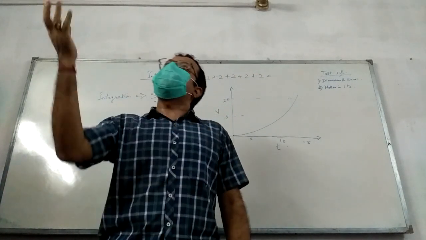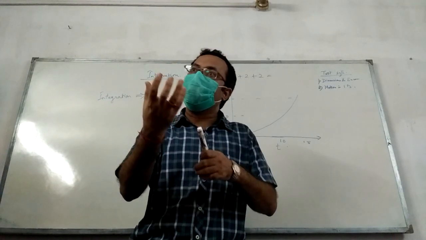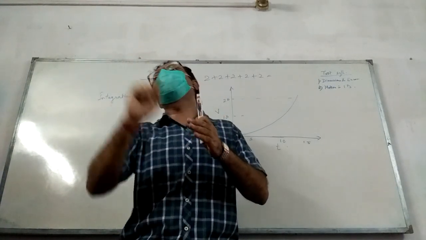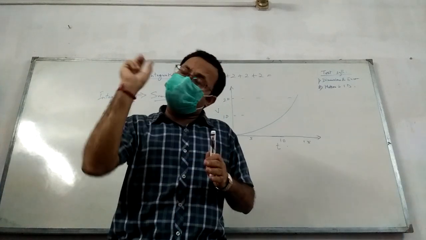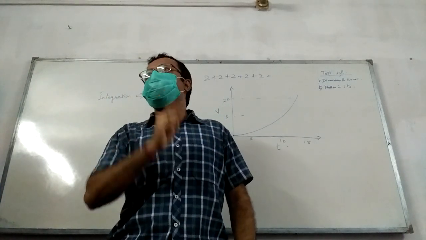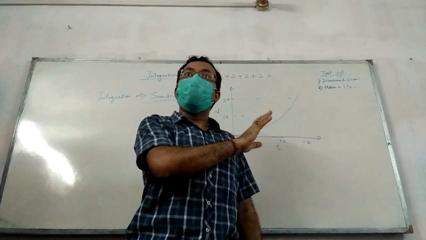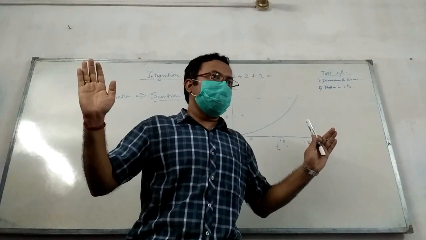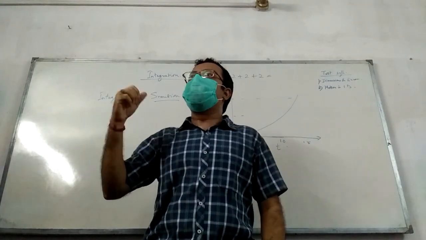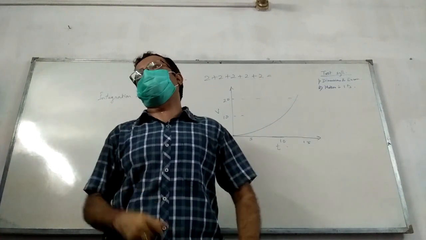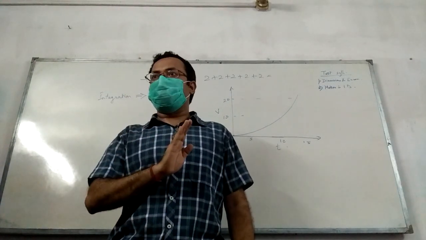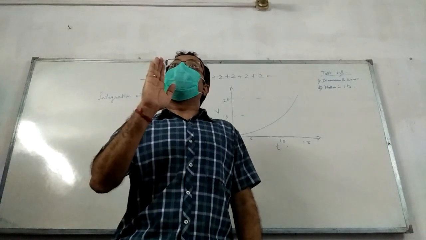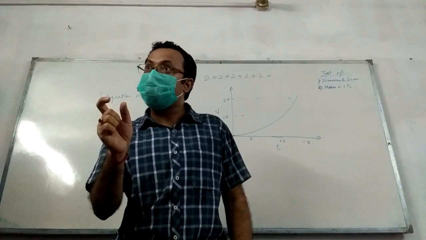So integration is another tool which also does addition for you, and it does a very complex addition for you, which in general would be a very difficult process, but if you use integration it will do the summation in a fraction of a second for you. So it is a type of summation.